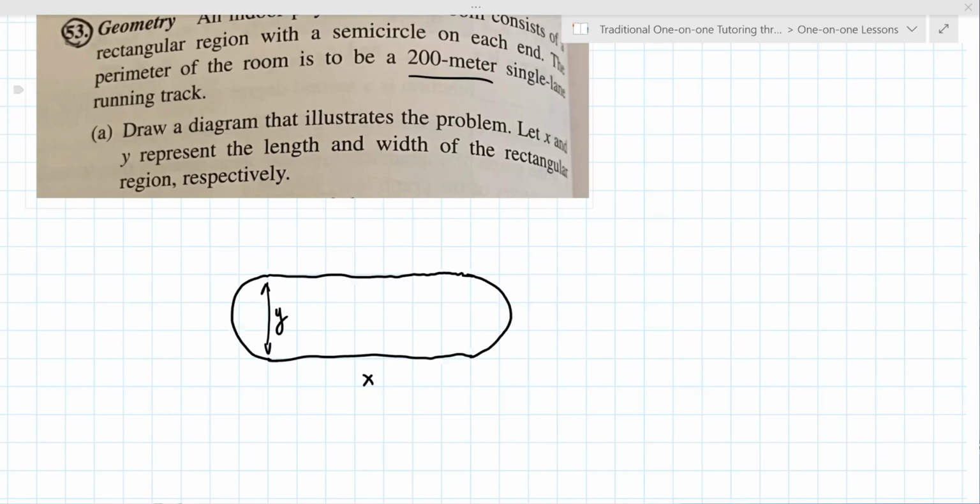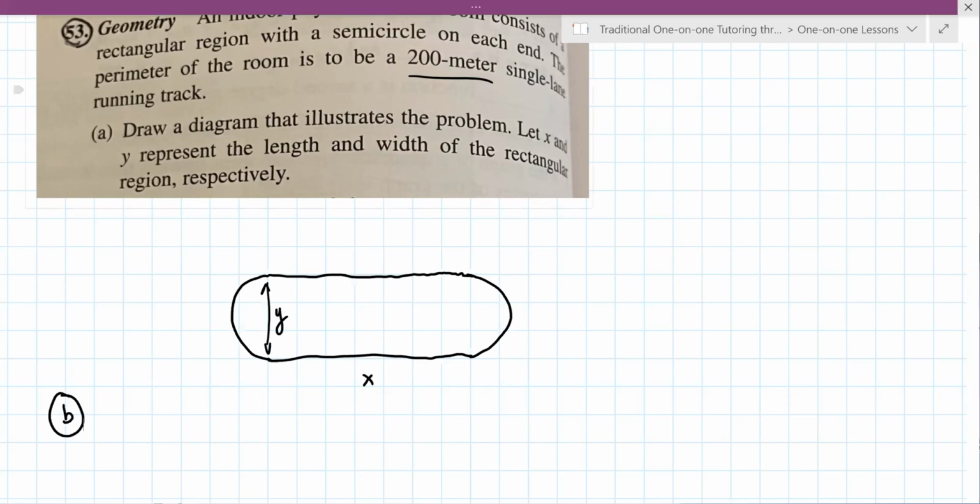They want you to determine the radius of the semicircle. So part B, determine the radius of the semicircle. And so the radius is y divided by 2, because it's a semicircle and the diameter is y. Determine the distance in terms of y around the inside of the two semicircular parts.